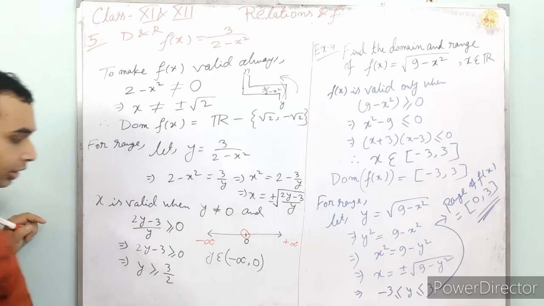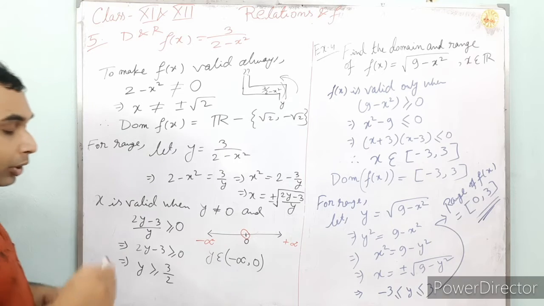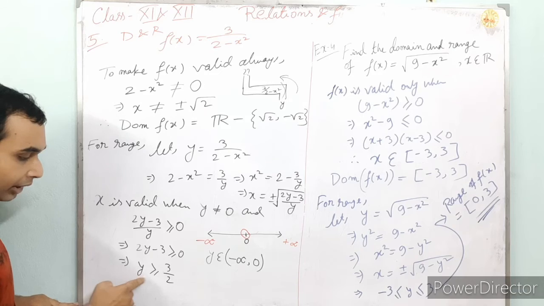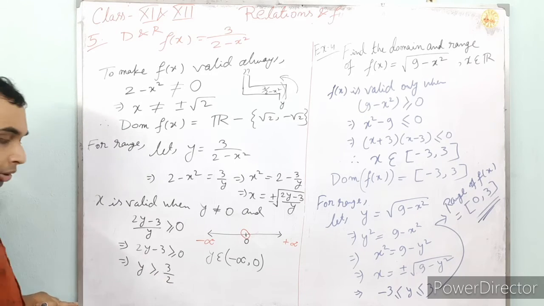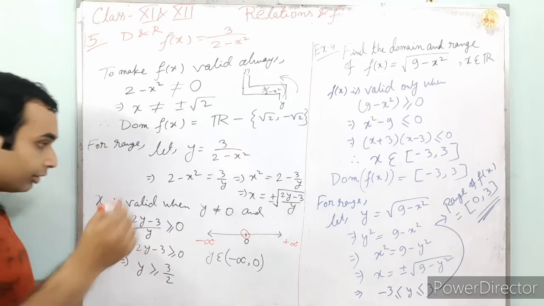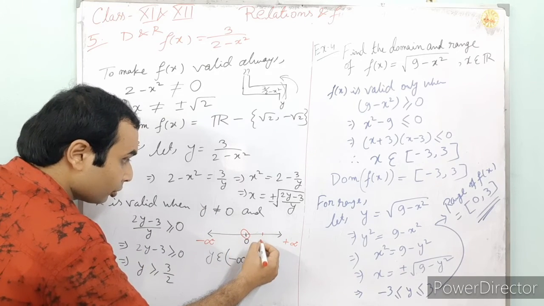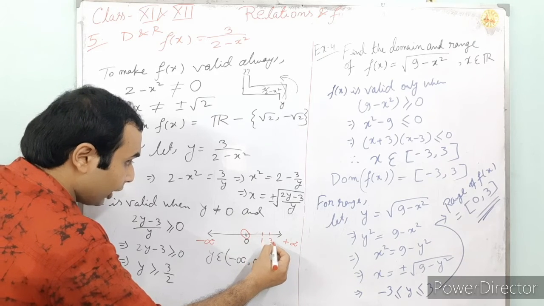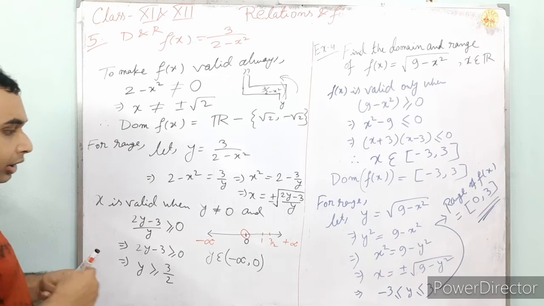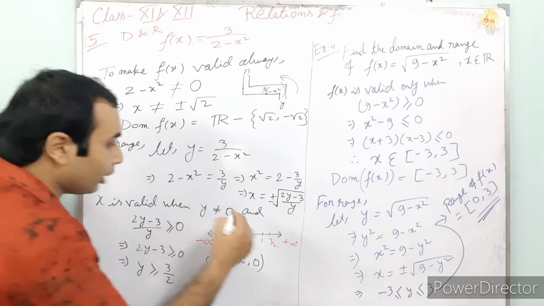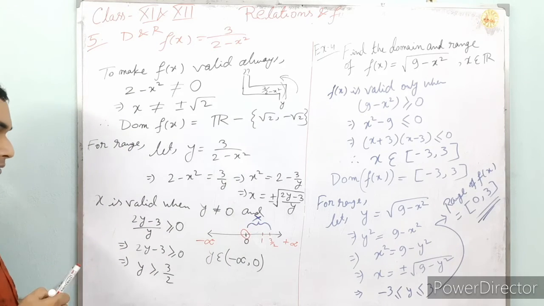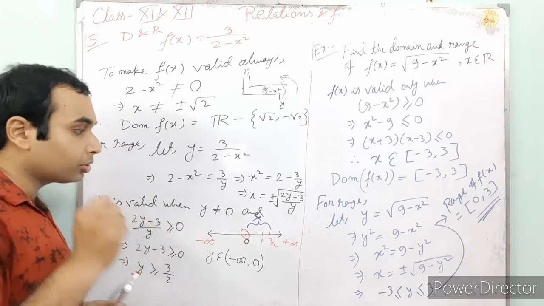Now the positive values it is taking. What are the positive values it is taking? Here again see, for positivity y is greater than or equal to 3 by 2. 3 by 2 means 1 whole 1 by 2. So y is not taking values below 3 by 2, because y is always greater than or equal to 3 by 2.